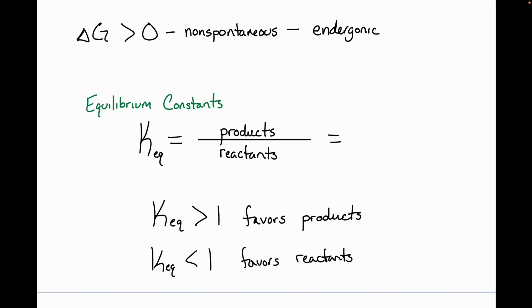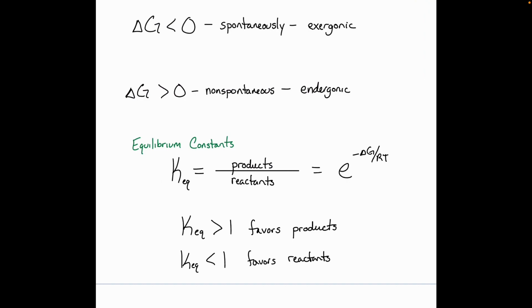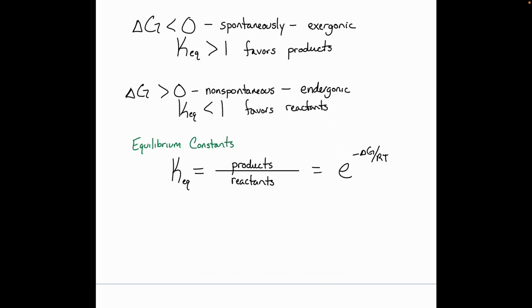All right, and you would have learned about this relationship between KEQ and the delta G. All that to say that an exergonic reaction means that KEQ is greater than 1, right? If delta G is negative, KEQ is going to be greater than 1. Again, this will be a reaction that proceeds in the forward direction, towards your products. And an endergonic reaction, a non-spontaneous reaction, means that K is less than 1.